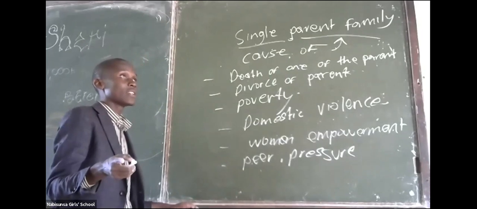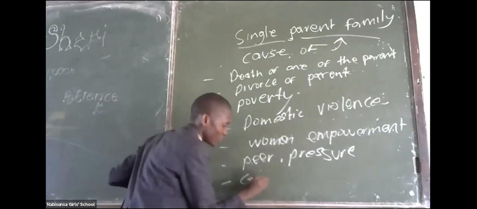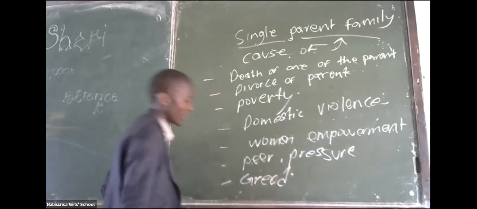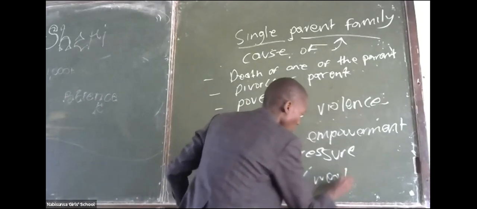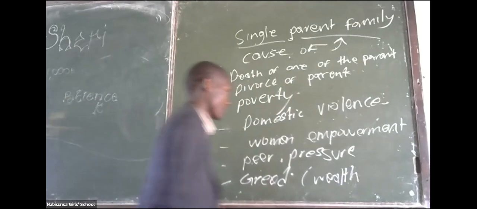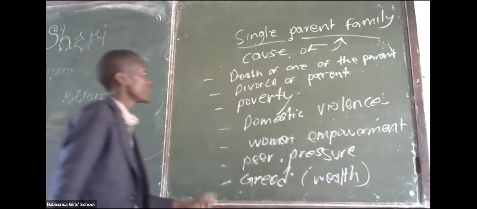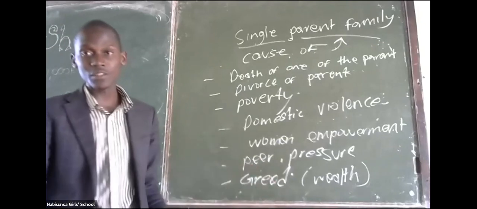Anyway, you are right. When people are greedy about sharing the wealth, that can lead to a single parent family. You share the goods, you go with this one and these ones.